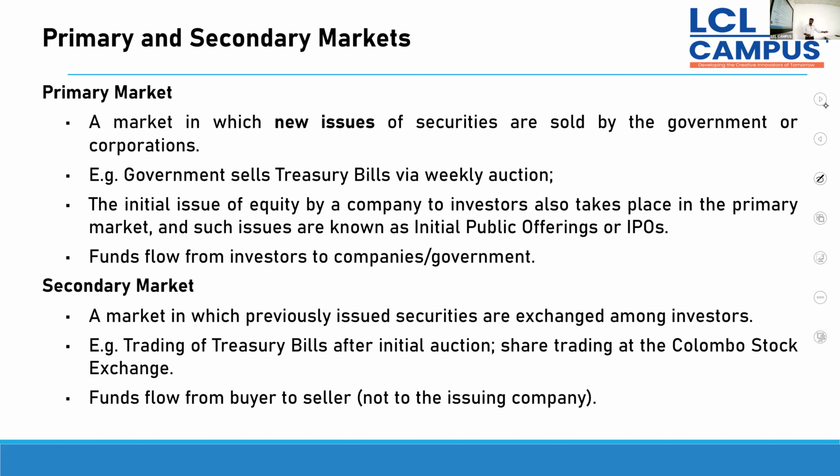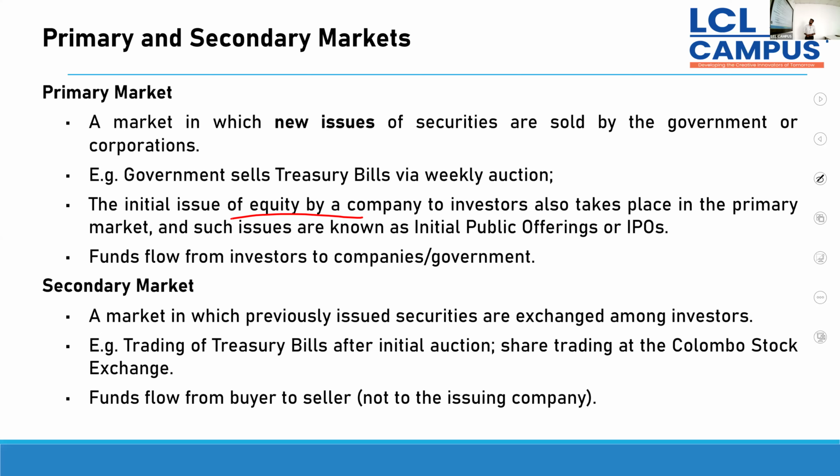And once you have issued, those issued shares can be traded in the secondary market. Clear? Right. Examples: government sells treasury bills via weekly auctions. Treasury bills are sold through auctions. Right. Initial issue of equity, like we discussed now, it can be a share.